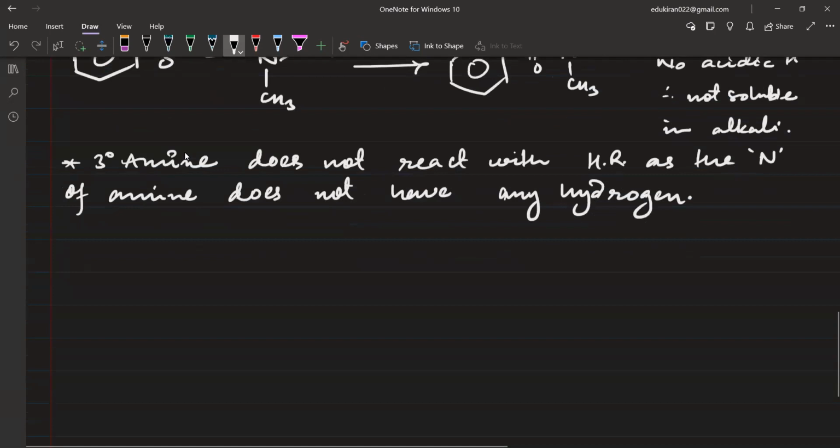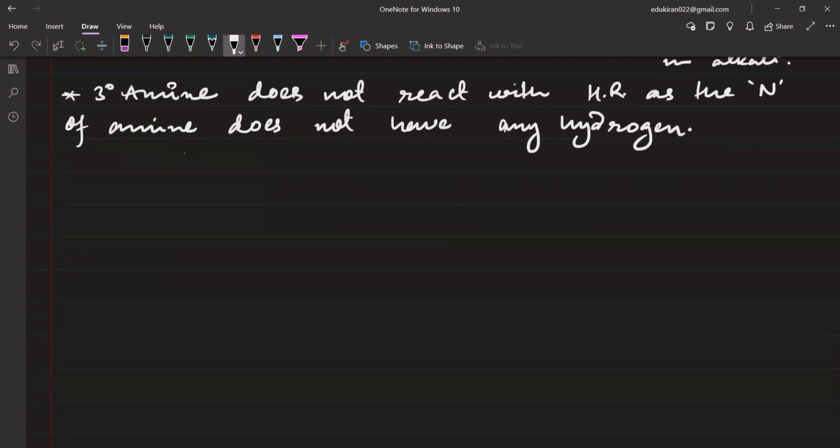Now, next, electrophilic aromatic substitution of aniline.